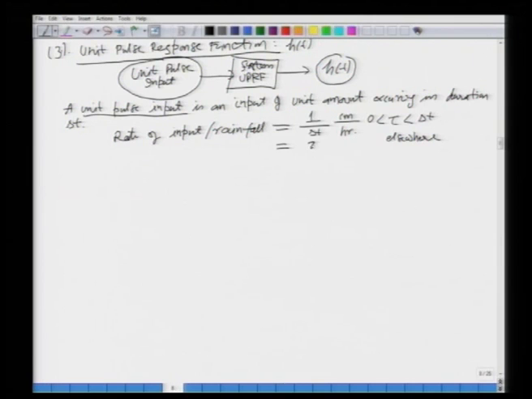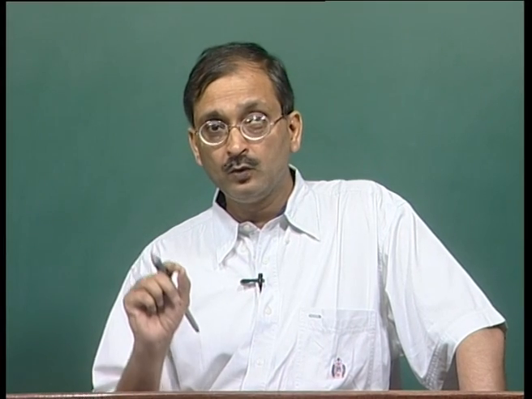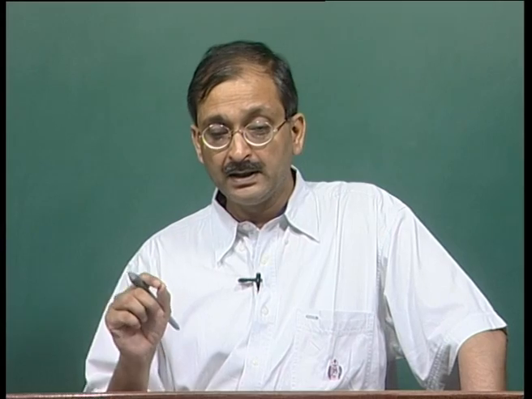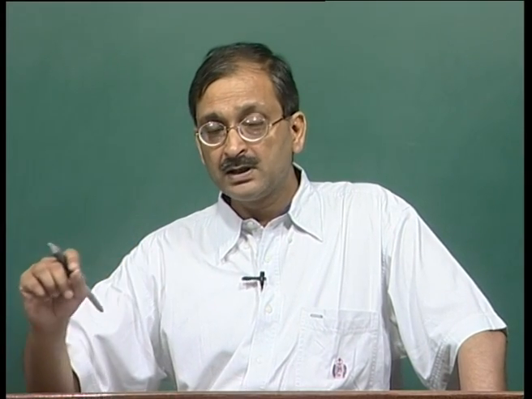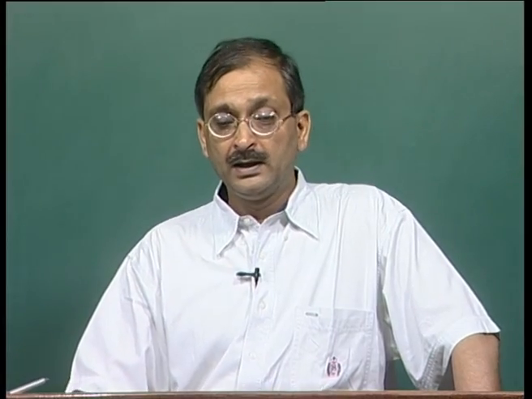Elsewhere it is 0, all right. So, this is your unit pulse input, okay. And now we want to find out the response from this kind of input, okay. So, you have a rate going from 0 to 1 by delta t, all right, and then continuing for certain time delta t, all right, and then becoming 0, okay.